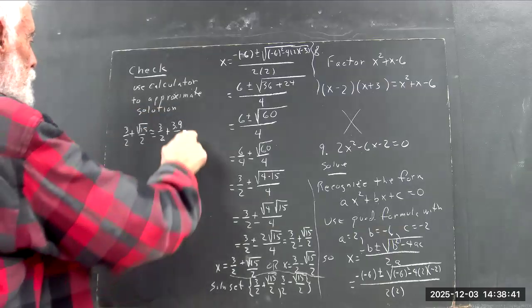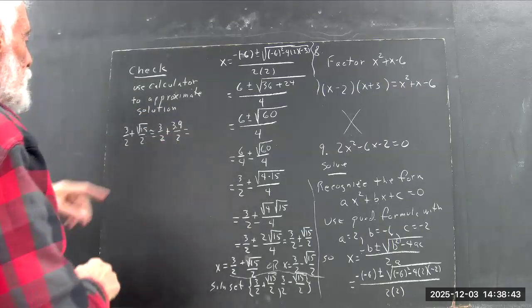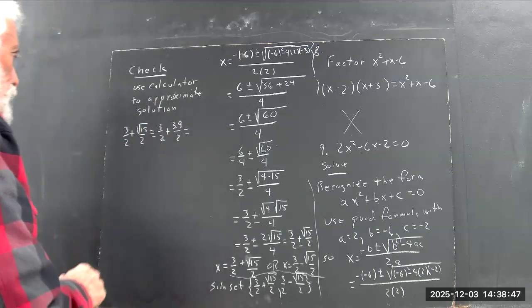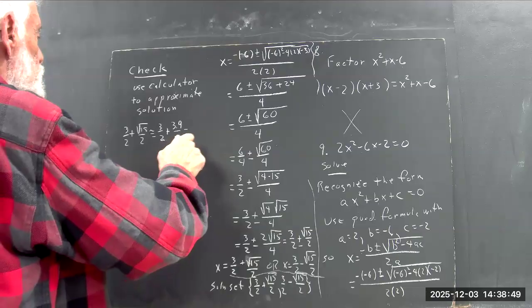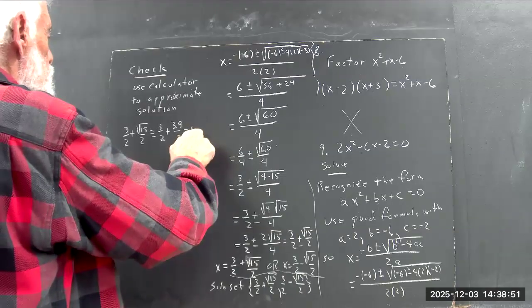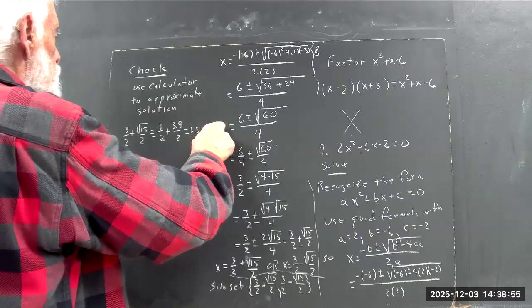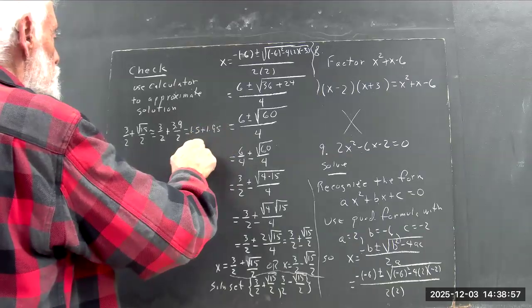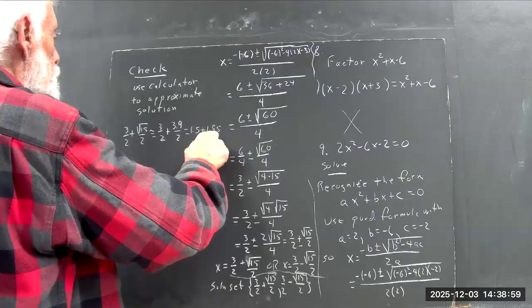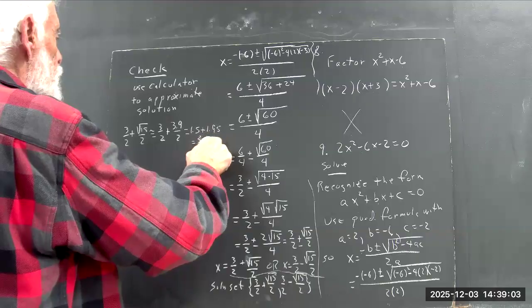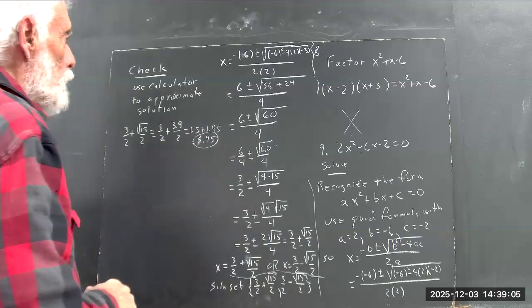Calculator will give you a more precise value for that. It'd be 3.88 or something like that. So you get something like 3.45.